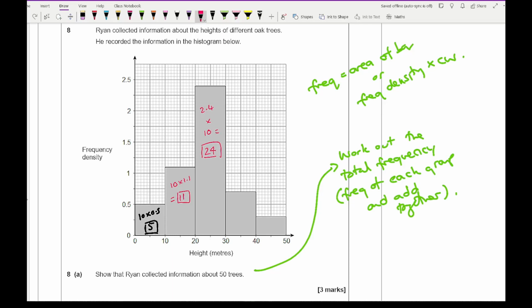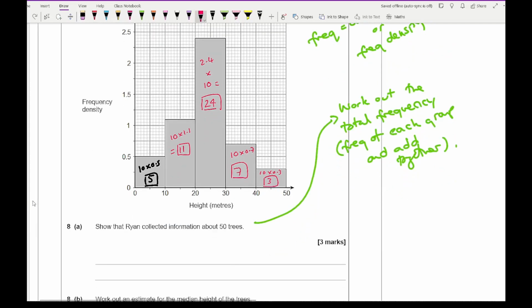And this fourth block is going to be 10 times 0.7, which is 7. And this final block is 10 times 0.3, which is 3. So all that's left for me to do is add all those numbers together. So 5 plus 11 plus 24 plus 7 plus 3 does add up to 50.